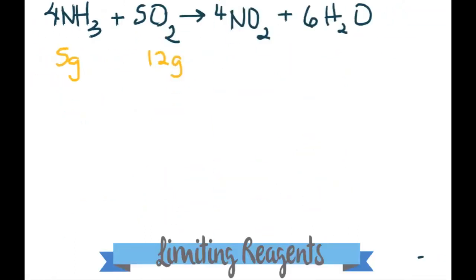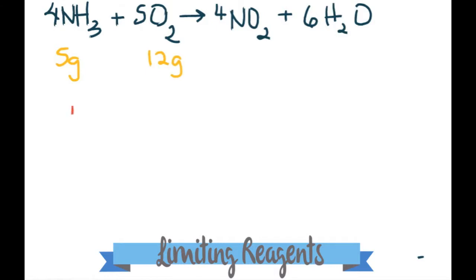The third thing that we need to do is find the limiting reagent. Let's say that you're given 5 grams of ammonia and 12 grams of oxygen. Which of these two is the limiting reagent, and which of these two is going to be in excess when used in a reaction? In order to find the limiting reagent, we can use a proportion.